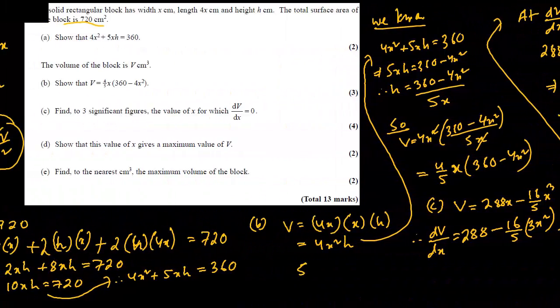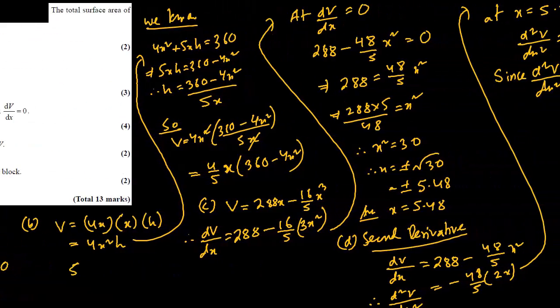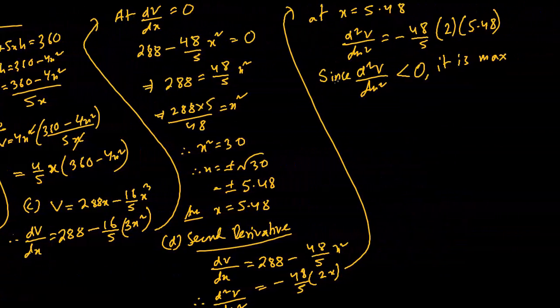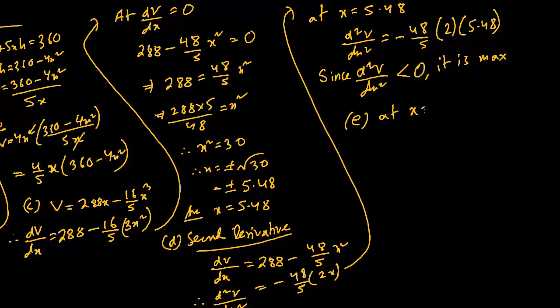And the next question, find the maximum volume. So we have to put down the value of x in the expression of v and find the maximum volume. So let's do the final one. So question number E, at x equals to 5.48, v equals to, expression for v is right over here.